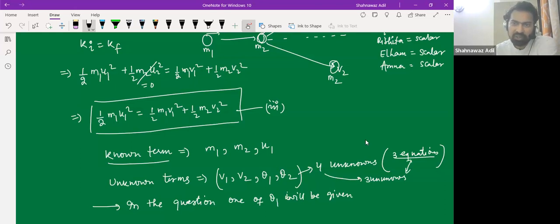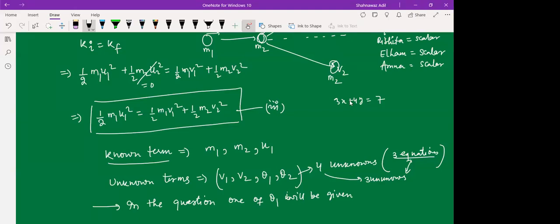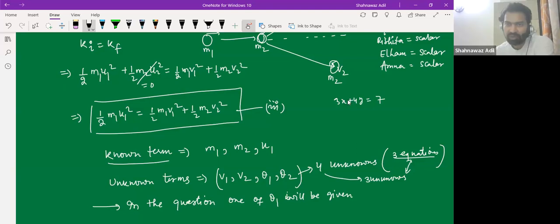Remember the linear equation in two variables. So you have 3x plus 4y equal to 7. Can you get x and y from this equation? You need a pair of linear equations, right? 2x plus 3y equal to 5.